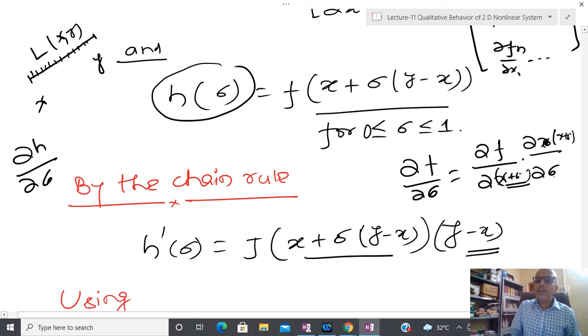And if you take the derivative of x + σ(y − x) with respect to σ, x gives 0 and this gives y − x. So due to that reason this comes into the picture. Does anyone have confusion on this?